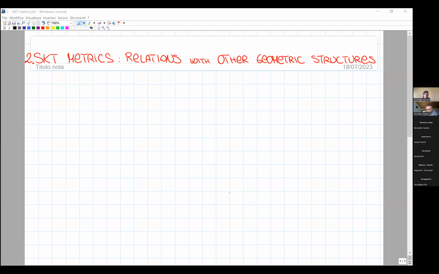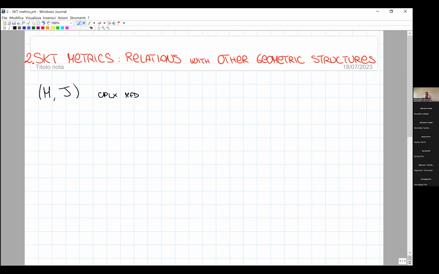Okay, thank you. So today I would like to discuss the relations between SKT metrics and other geometric structures on complex manifolds. So again, the setting is complex geometry, so let me recall what we saw yesterday. We have a complex manifold (M, J).